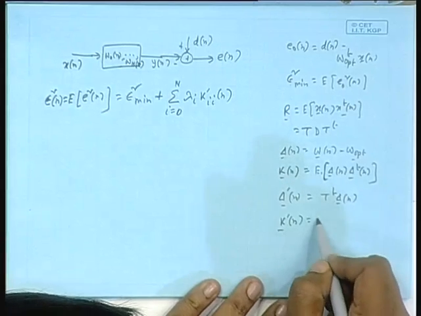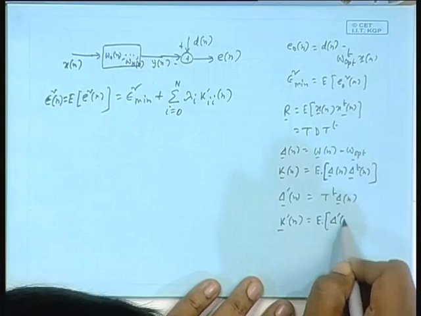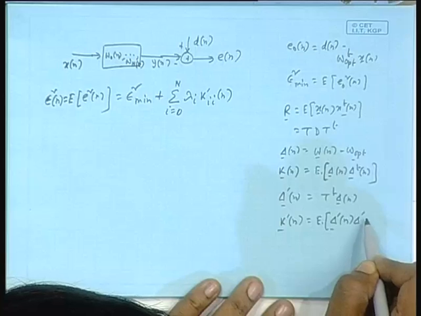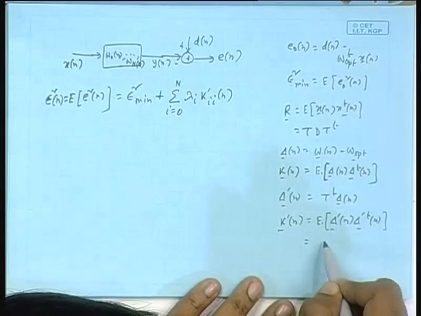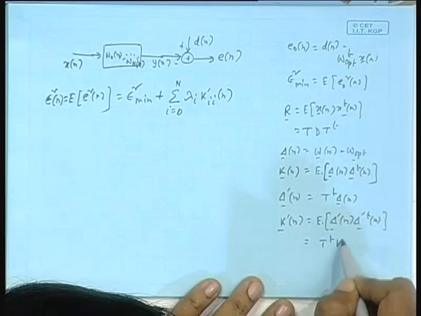What is k prime n? K prime n is E of delta prime n delta prime transpose, isn't it? And if you replace delta prime n here, you will get T transpose K n T.